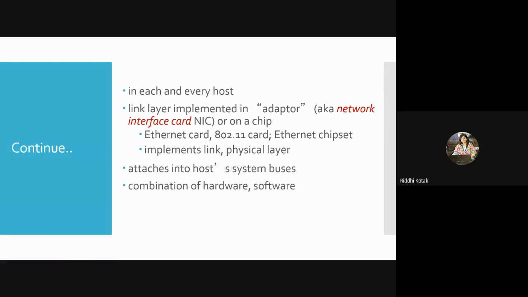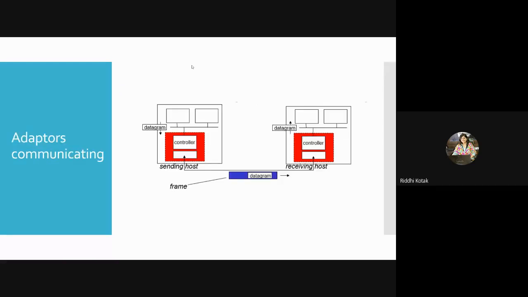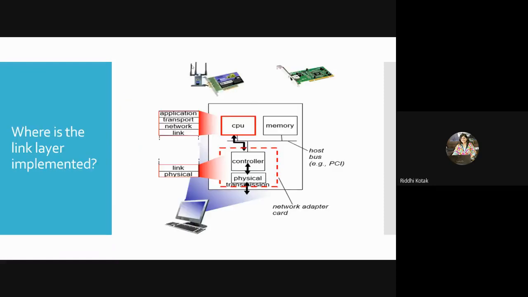Okay, now let's go with the next point. First, we discussed the adapter in one system. But in a network, when a sender sends data, how will the data link layer work from one system to another? This scenario is given for the data link layer, where a host is shown, and the inside view is similar to this: controller, physical, then the NIC card, CPU, memory.